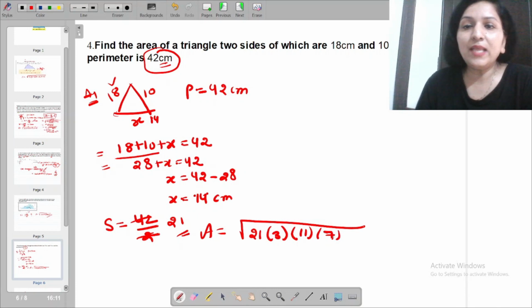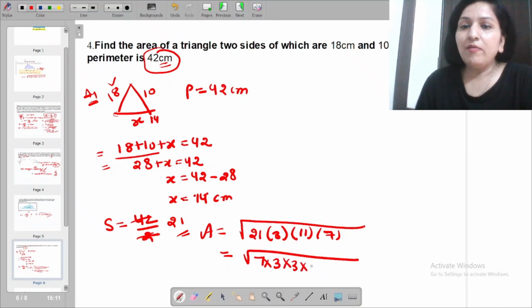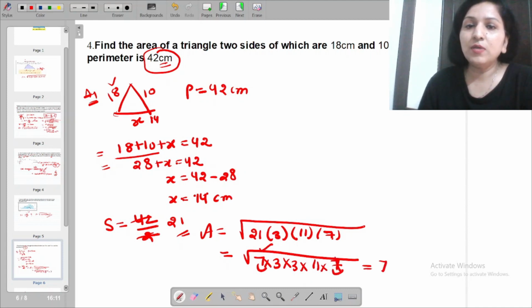ठीक है, I am just putting the values in the formula. Now under the root 21 क्या होता है? That is 7 into 3. I have split it. Another number is already 3. We are having 11. We are having 7. 7 is repeated 2 times. So 1 will get cancelled. Another will go out. Out of these 2, 3, 1 will be cancelled. Another will be out. Okay? Like this. I'm just assuming you all know already how to find the square root. 11 is alone.